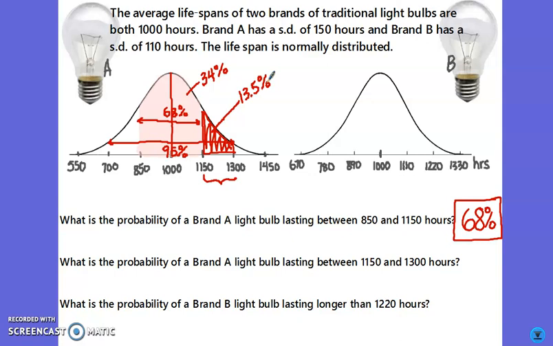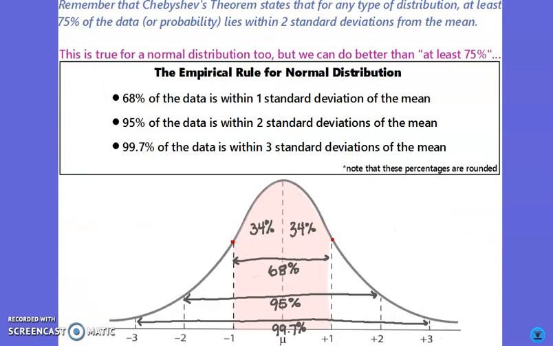In fact, I think it might be worth going back to this diagram and labeling what each little chunk of area stands for. So you had the 34%. And so if you do the math and you split things evenly, this little bar between the first and the second standard deviation is going to be 13.5%.